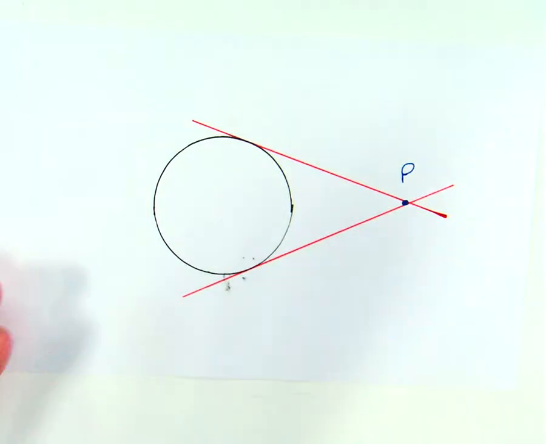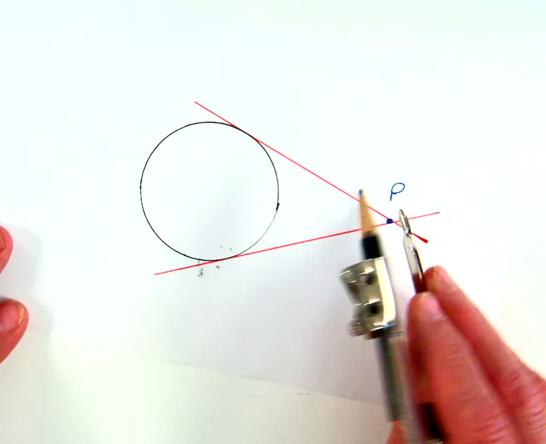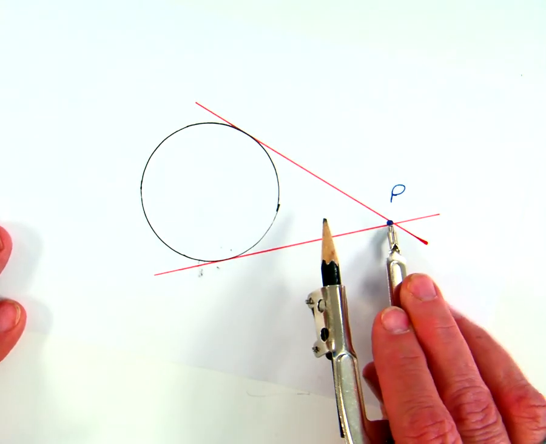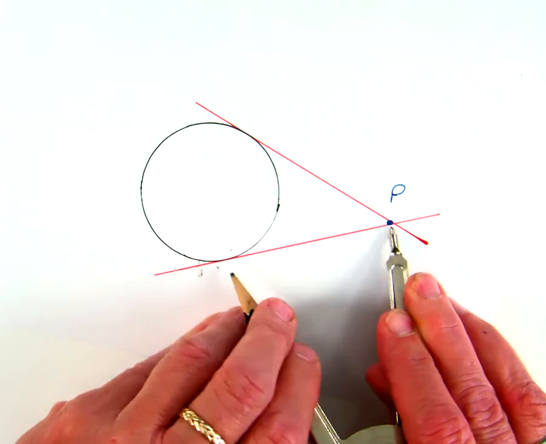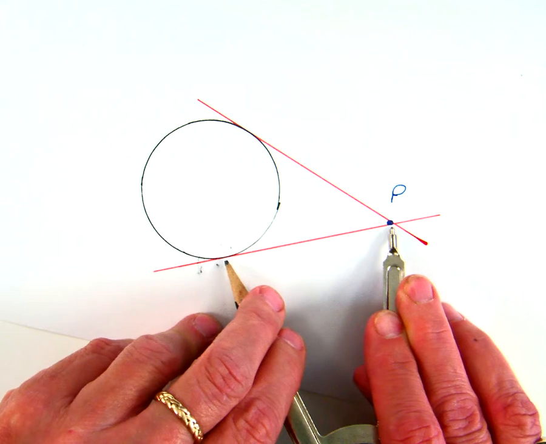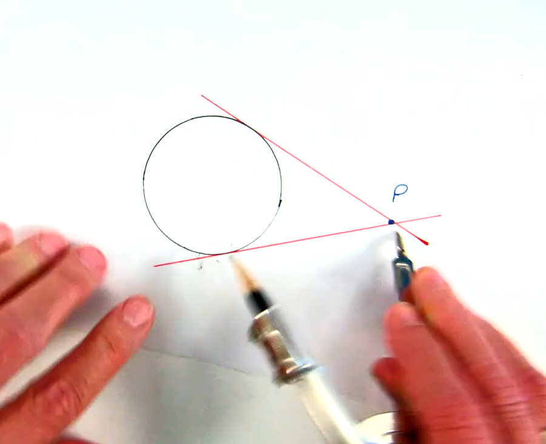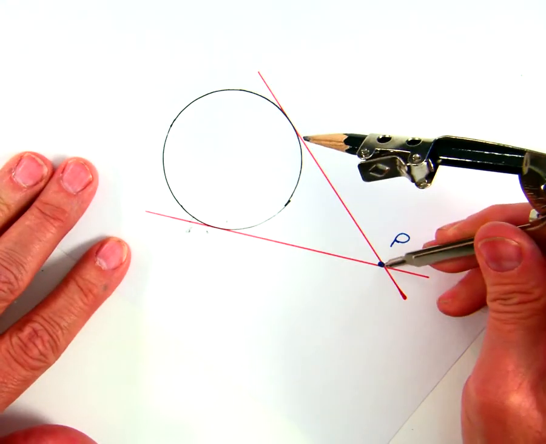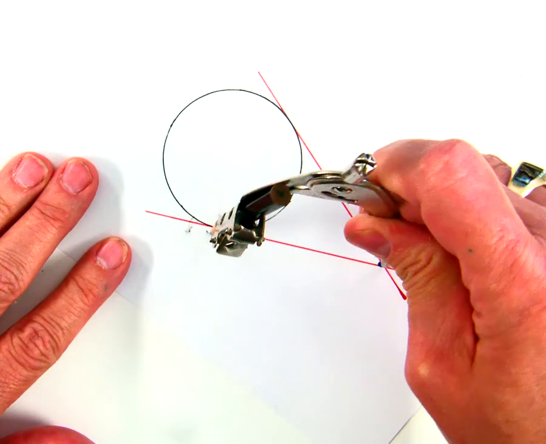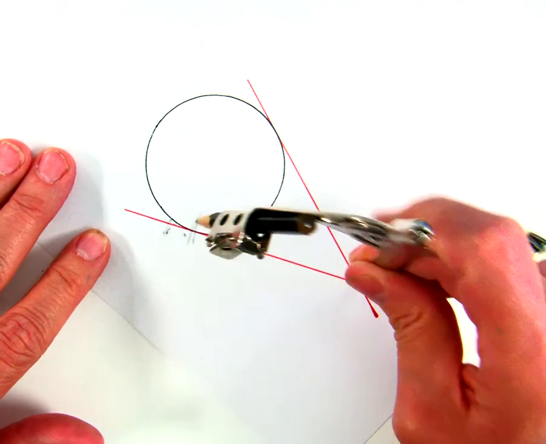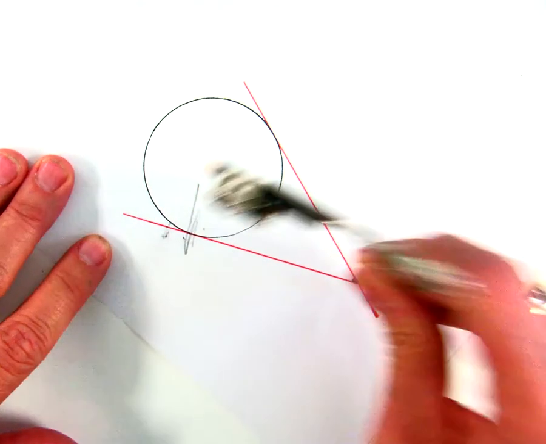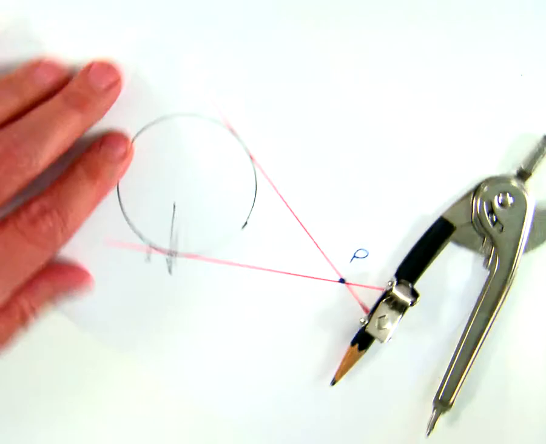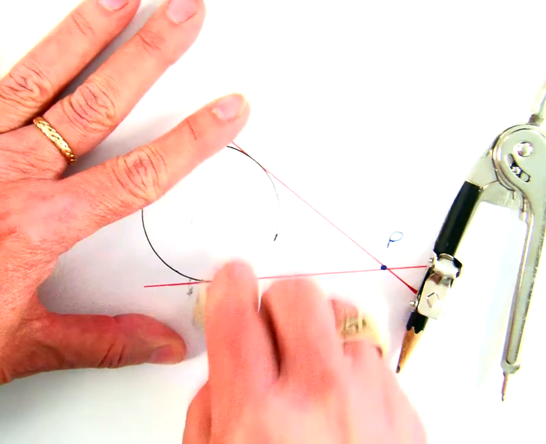Take your compass, set the point to point P, and set the pencil to your point of tangency as close as you can get it. Go ahead and mark it. Oops, mine's slipping around. I'm going to try that again.